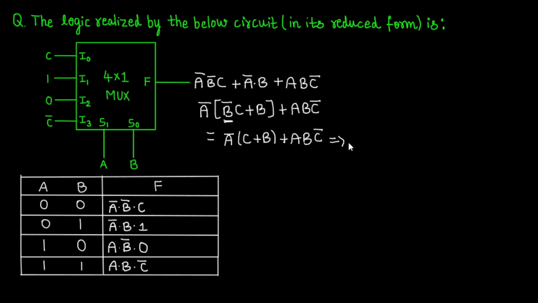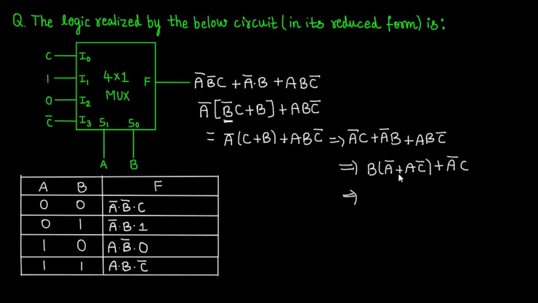Now let us expand this. A bar C plus A bar B plus A B C bar. Now let us check for any common literals. Here we can see that taking B common, A bar plus A C bar, plus A bar C. Here it is given A bar plus A C bar.